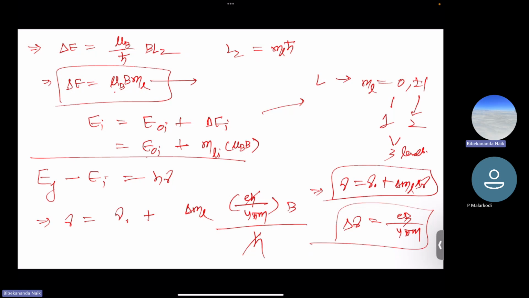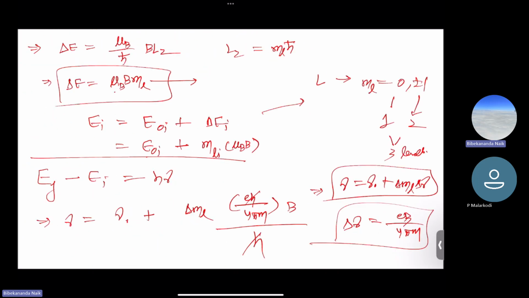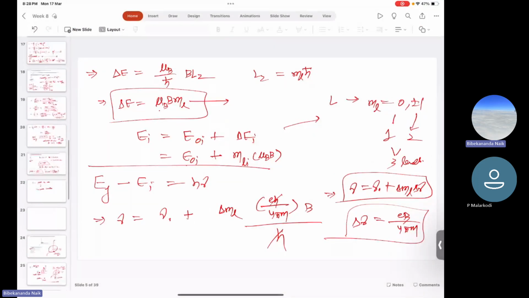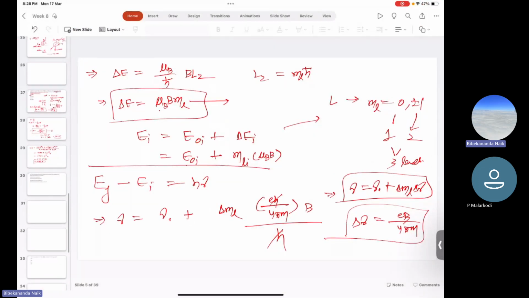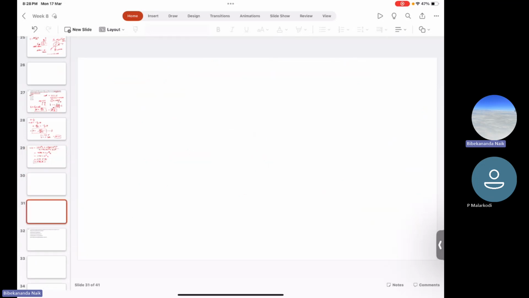Let me do that once again. So what happens in presence of an external magnetic field? There will be some change in energy which is due to the interaction between the orbital magnetic moment and the external magnetic field.